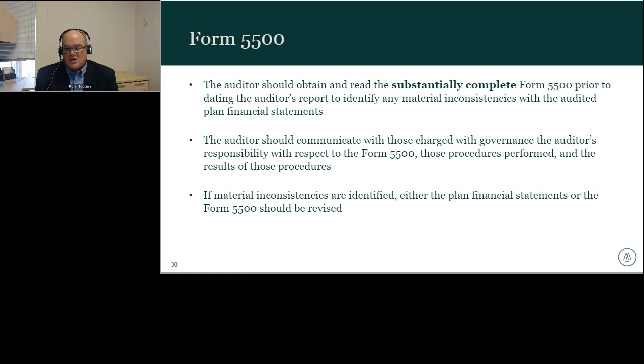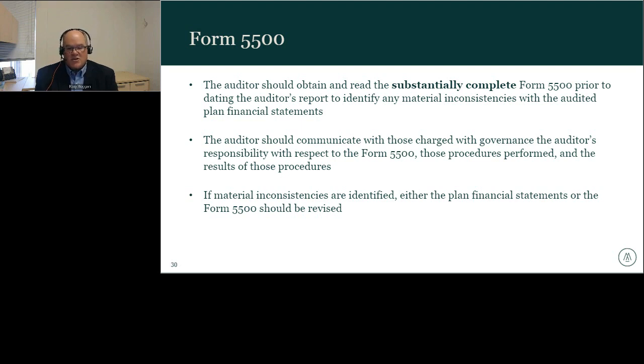136 puts more teeth into the requirement that as auditors, we need to get a copy of a substantially complete Form 5500 prior to putting a date on our audit report and being able to issue a financial statement on the plan. So in many cases, that might mean working with your record keeper and your 5500 preparer earlier this spring and making sure they understand the timeline. And a lot of times those 5500 preparers might be waiting on things from the plan sponsor to be able to complete that draft.